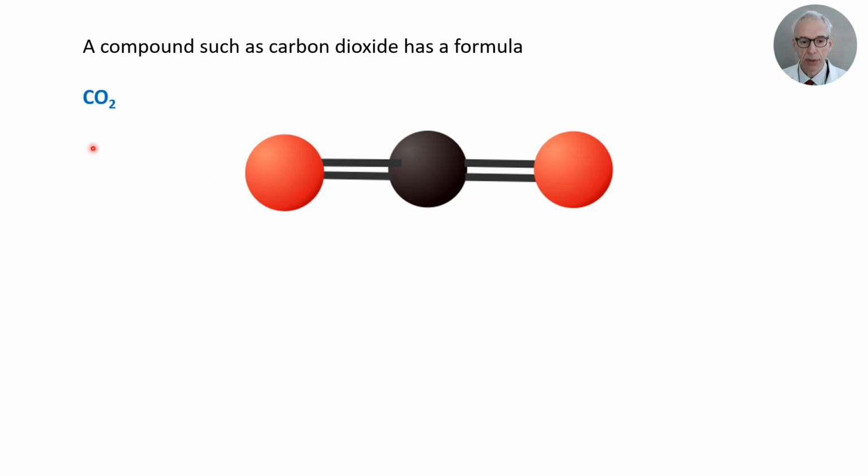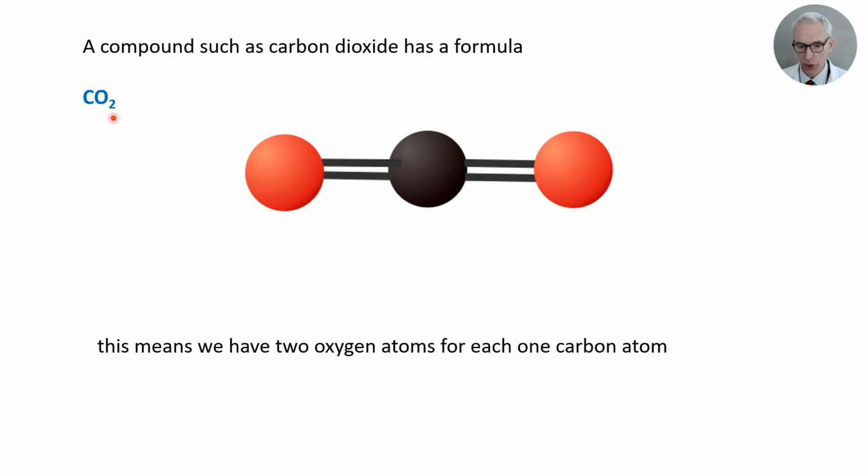The formula for carbon dioxide would be 1 carbon and 2 oxygens, CO2. And this is always the case for carbon dioxide. The formula is always 1 carbon and 2 oxygens, CO2.